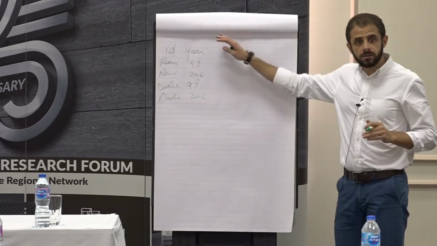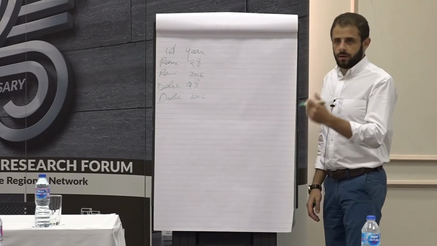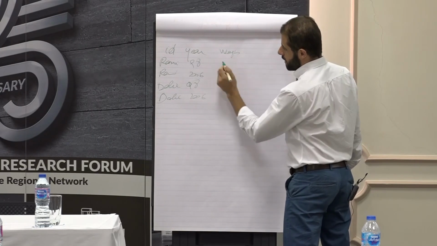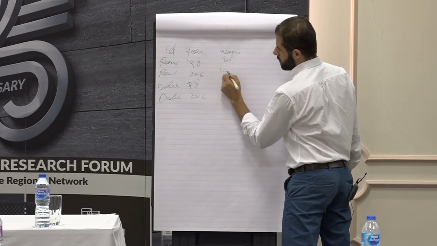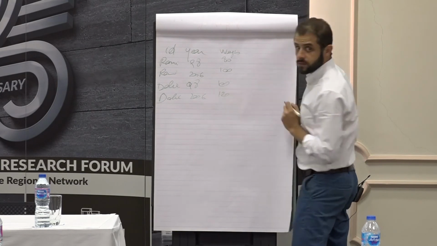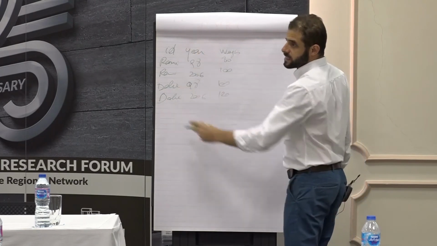In this case, for me, it's a panel, right? And here I have, for instance, wages. So I have here, let's say, 80, 100, then 100 and 120. Okay? So here, is this long or wide?